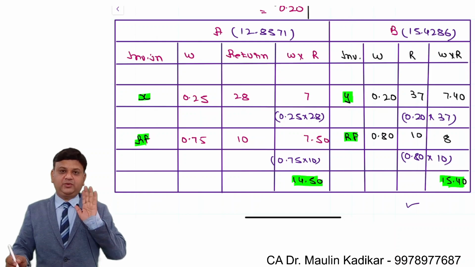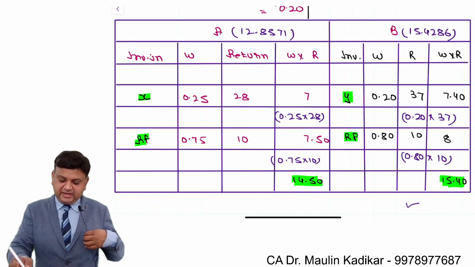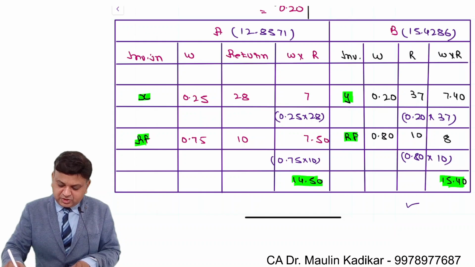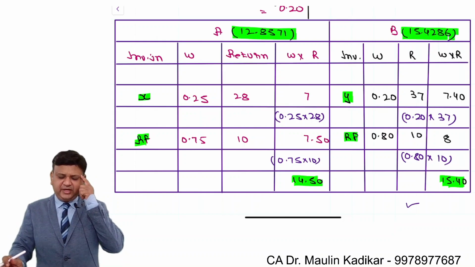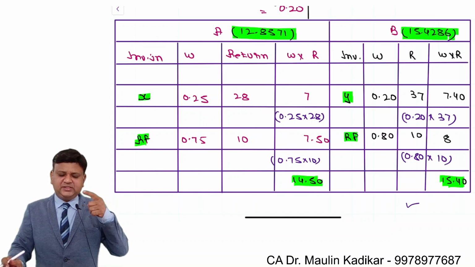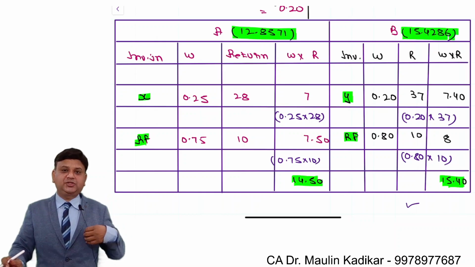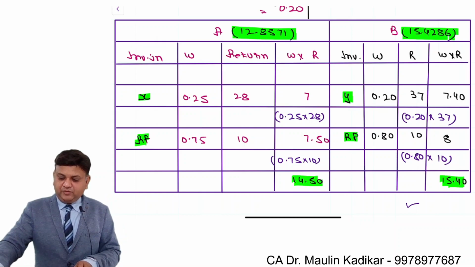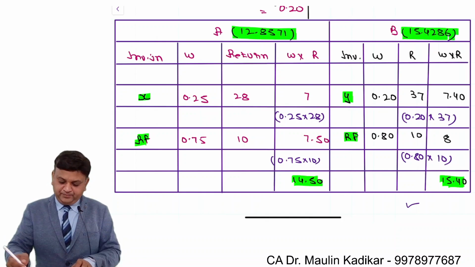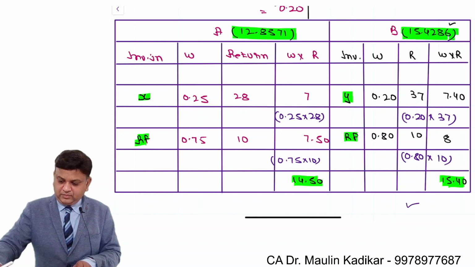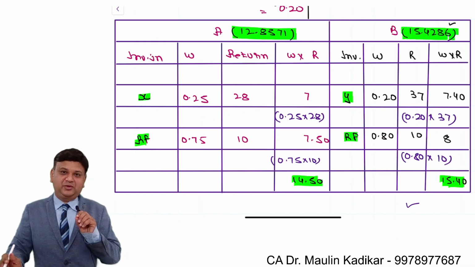In the first part of the question, if you make the calculation of the Treynor's ratio like this, then the Treynor's ratio indicates the return for every 1 unit of additional risk. The risk that you undertake in the portfolio is 0.35. So 0.35 into 15.4286 comes to 5.4.